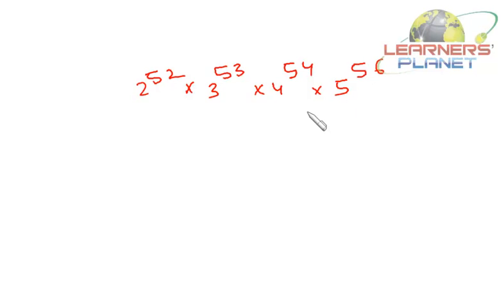Now suppose I take a bigger calculation. Suppose I wish to calculate 2 raised to 52 into 3 raised to 53 into 4 raised to 54 into 5 raised to 56. What will be the digit at the units place in this calculation? As soon as you see the problem, you start calculating.